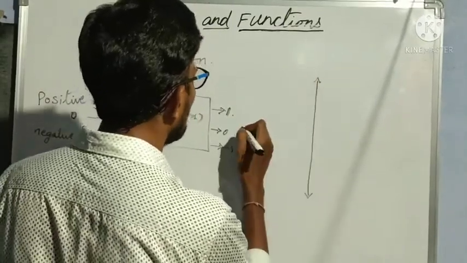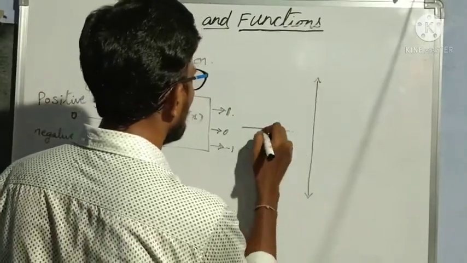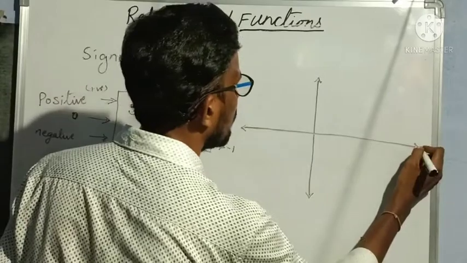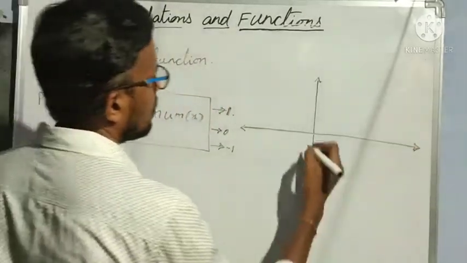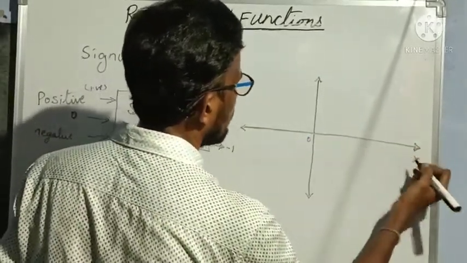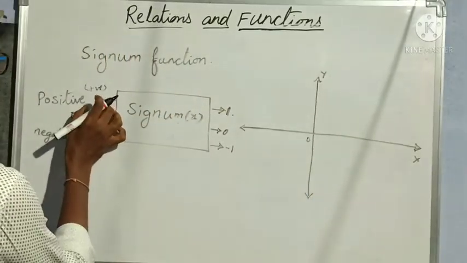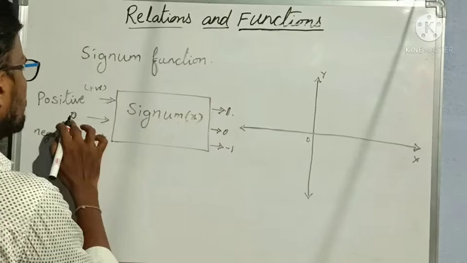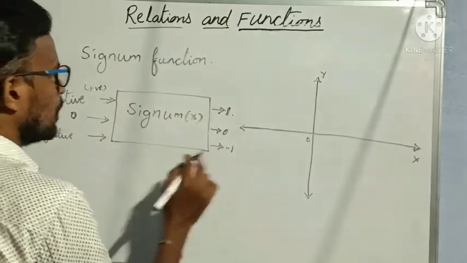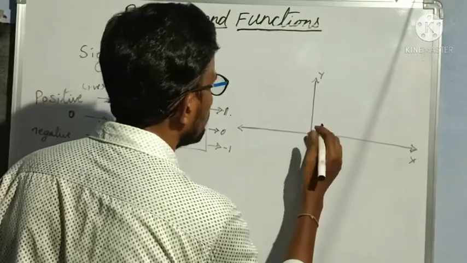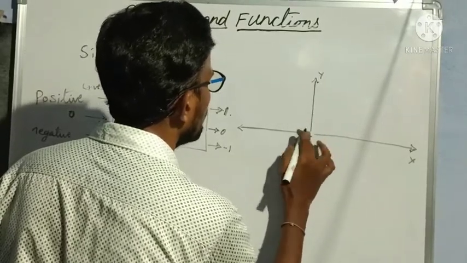Take the x-axis and y-axis. Positive values give 1, at 0 we get 0, and negative values give minus 1. So at 0, 0 we get one point like this.